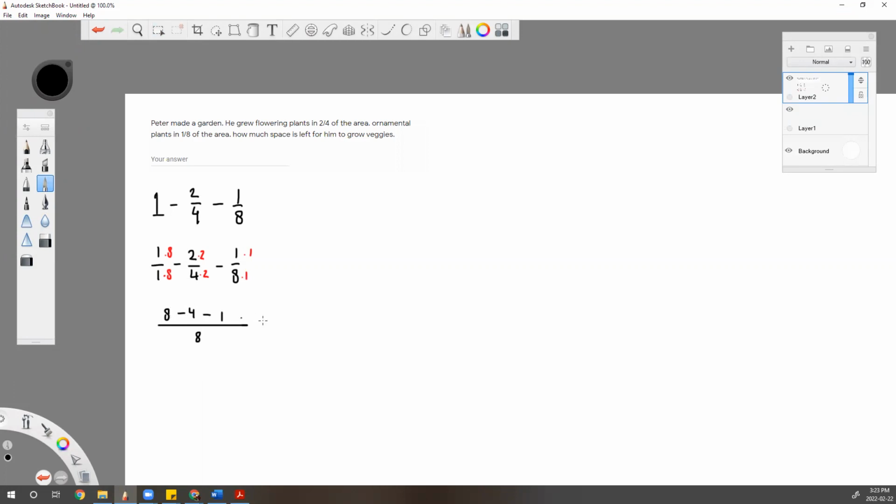So the answer is 4 minus 1, which is 3. 3 over 8 is the part that he used to grow veggies. You can just write it like this in Google Form because we don't have the feature to write the numerator and denominator on top of one another.